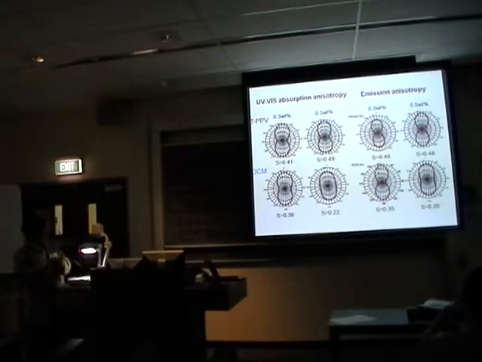This is from the absorption anomaly, and this is from the emission anomaly. And in DCM, with increasing content of dye, the order parameter decreases. So this dye molecule aligns less well to the liquid crystal.